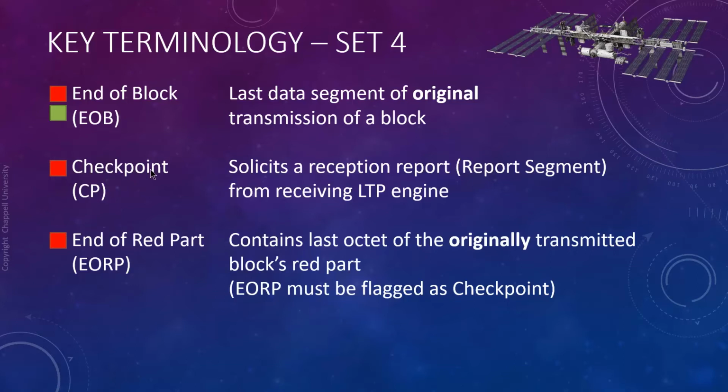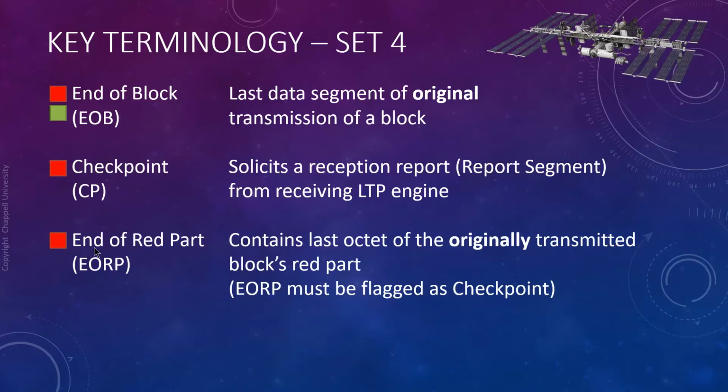Now, red data can also have a checkpoint value on it, indicating that I want to get a report back from my peer so that I know whether it's received all the data. This checkpoint is soliciting a reception report, soliciting a report from the target to see if everything's gotten there.